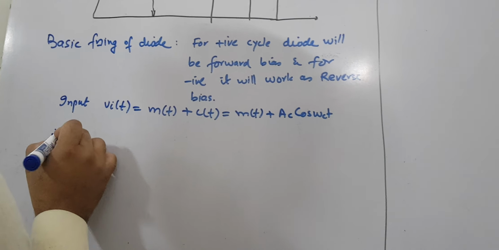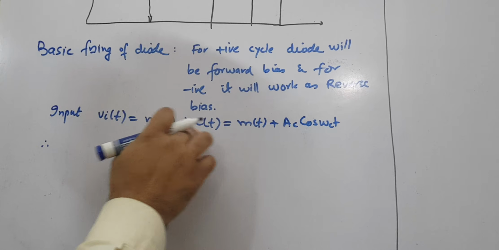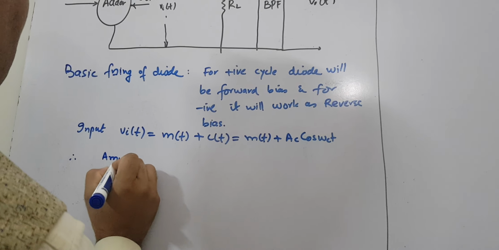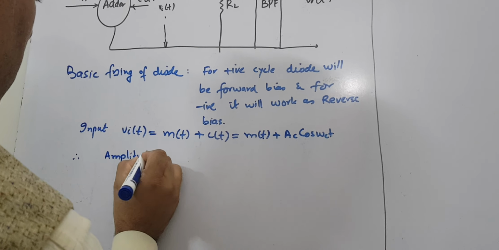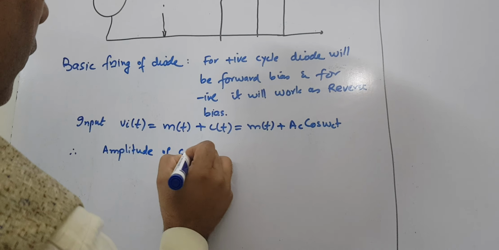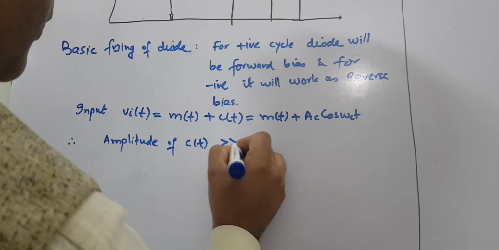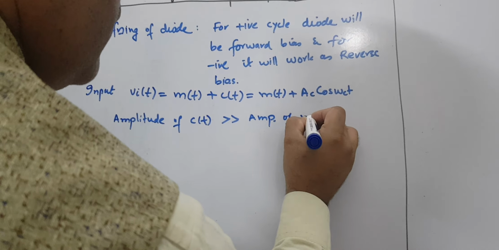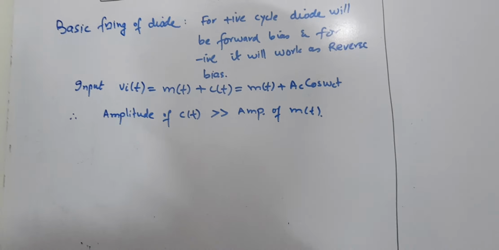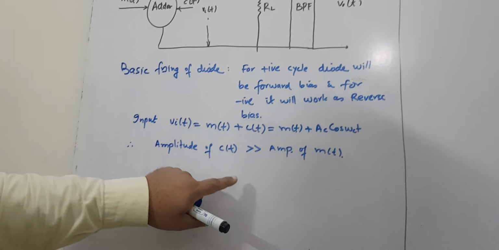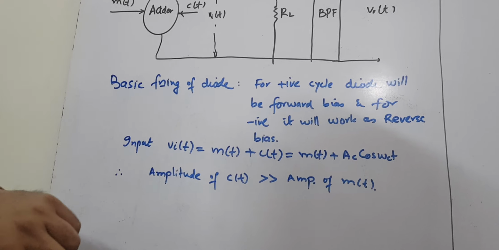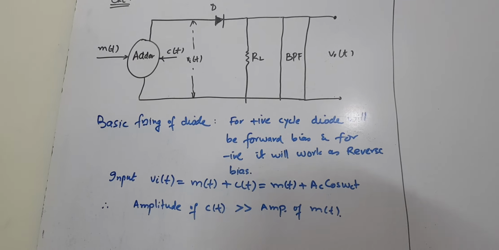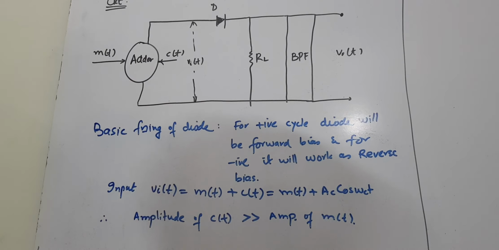The second condition you must satisfy is that the amplitude of c(t) should be much bigger than the amplitude of m(t), so that the diode will work as a forward biased device.